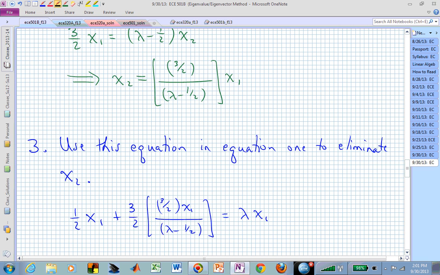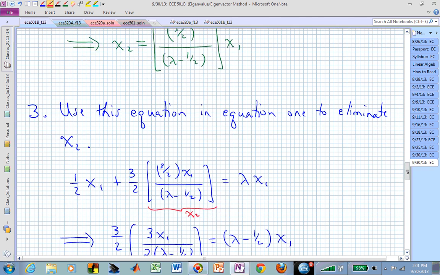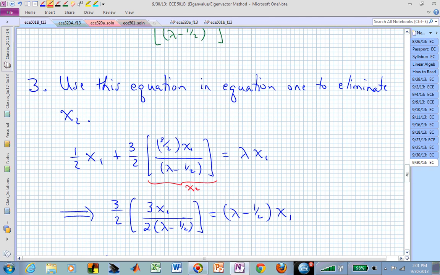We now have 1/2 x1 is equal to 3/2 times x2. This is now x sub 2 from above, and that's equal to lambda x sub 1. If we do the algebra, let's add minus 1/2 x1 to both sides, and we now have 3/2 times that quantity in brackets equal to lambda minus 1/2 x1.